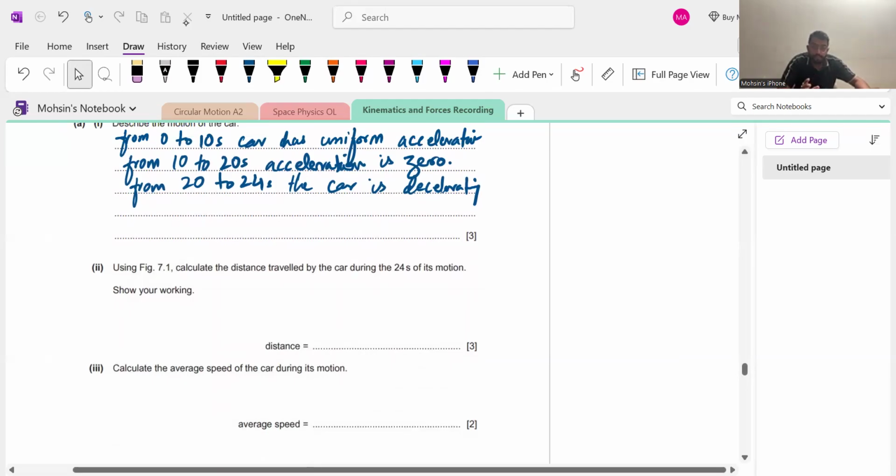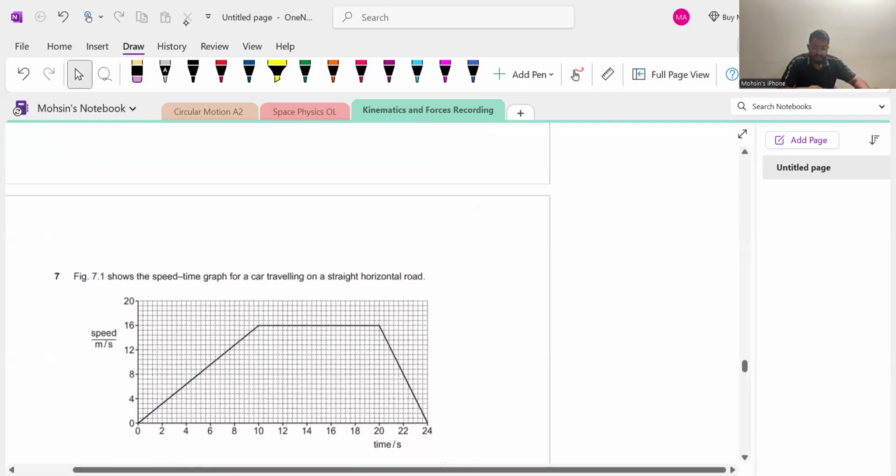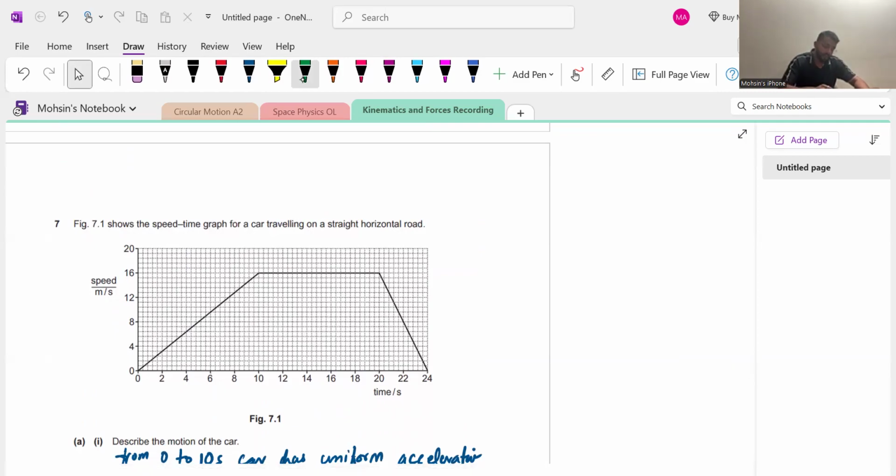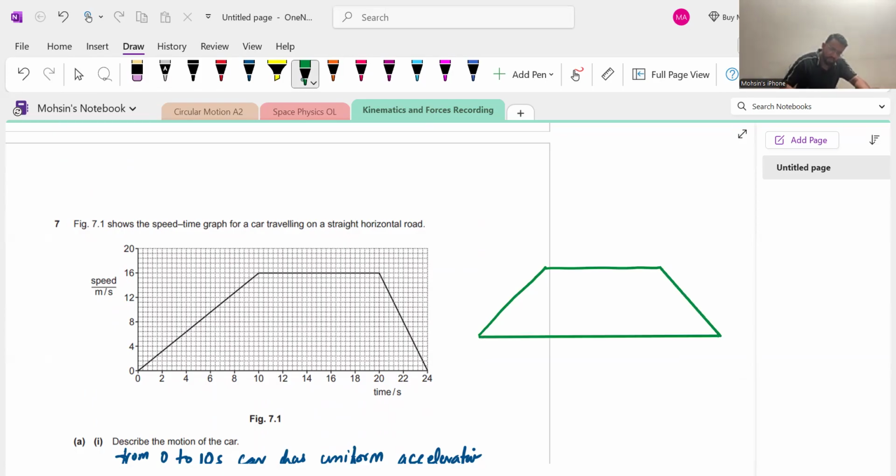Using figure 7.1, calculate the distance traveled by the car during the 24 seconds of its motion. Show your working. So it's a speed time graph. In order to find the distance, we need to find the area under the graph. So we can see here, it's a trapezium like this. So these are the two parallel sides A and B, and the distance between them is h.